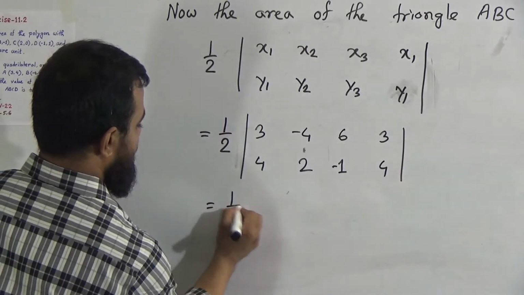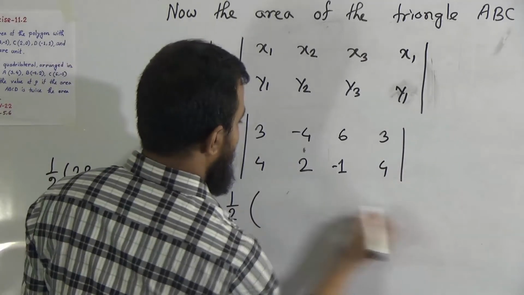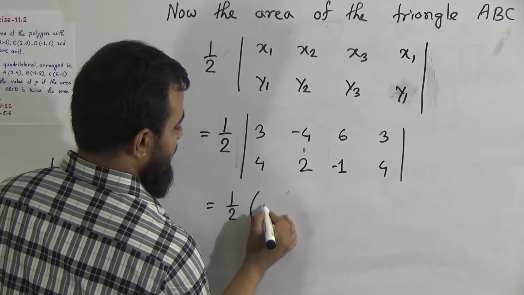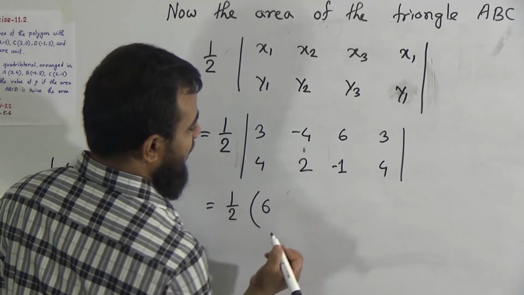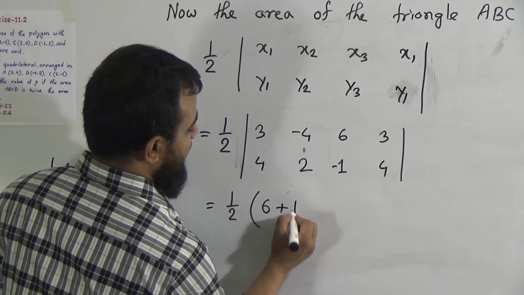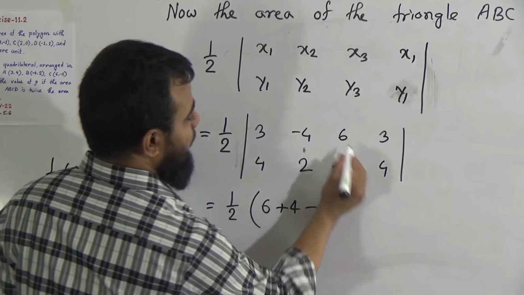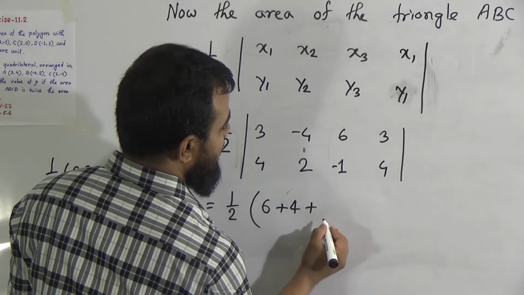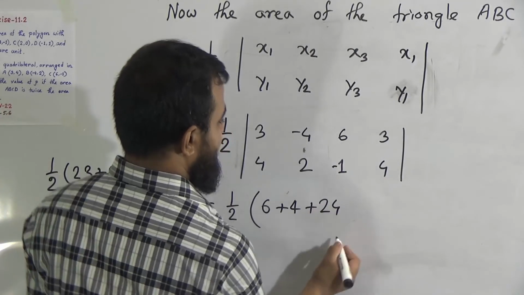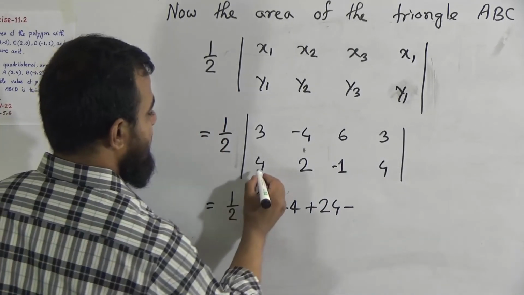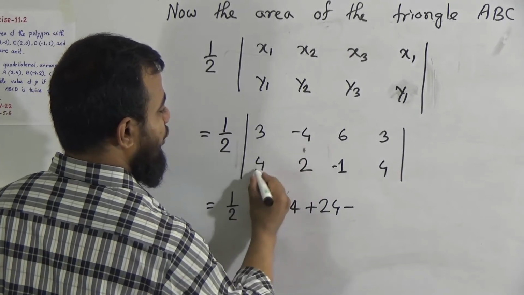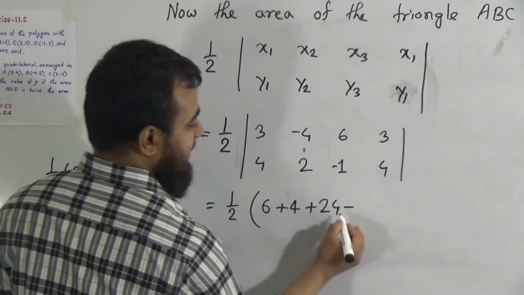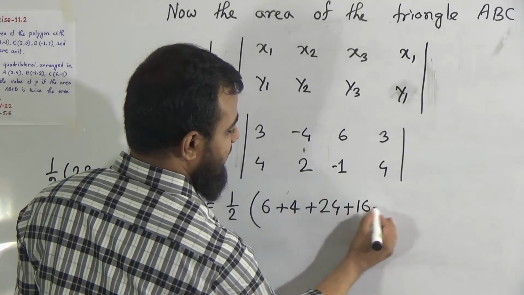Now we will find out its half, multiply 2 and 3, it will be 6, minus 4 and minus 1 will make plus 4, then 24. Then minus sign, it's 4 and minus 4 makes 16, minus 16, and minus sign will be plus 16.